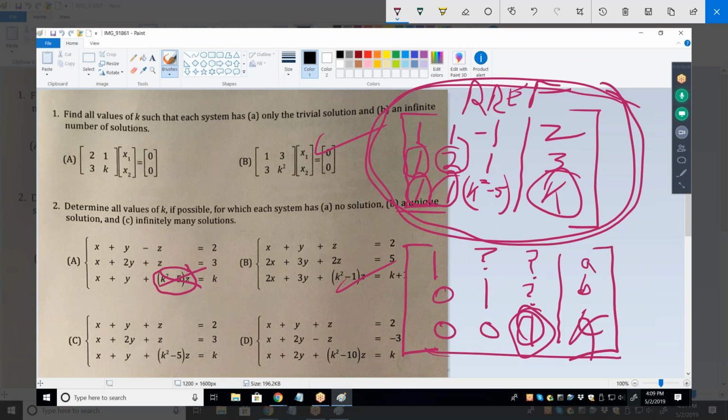But I think maybe you have to get it to this spot first, where that will be some number of K or K squared or something. And then you can figure out what it would take for that to be a 1, what it would take for that to be a 0, and what it would take for this to be a 0 and this to be something other than a 0. So that's kind of what I'm guessing is the way you would solve these.